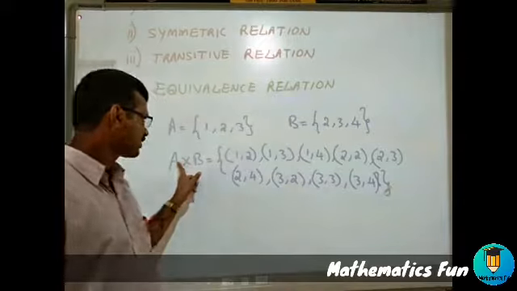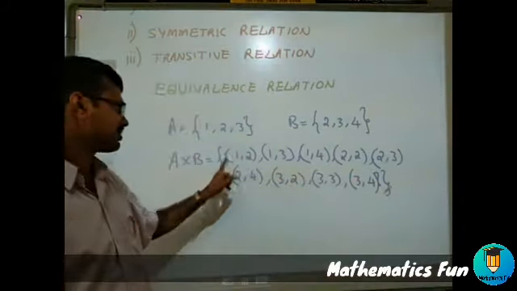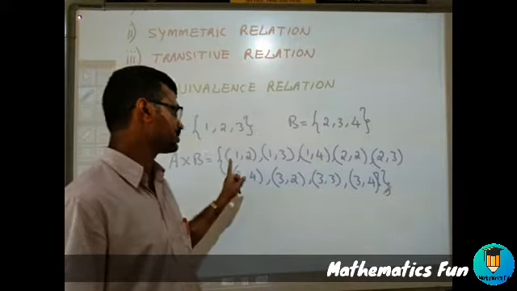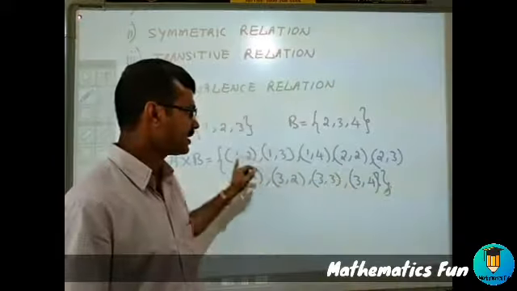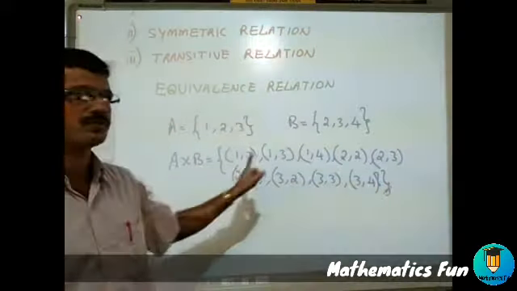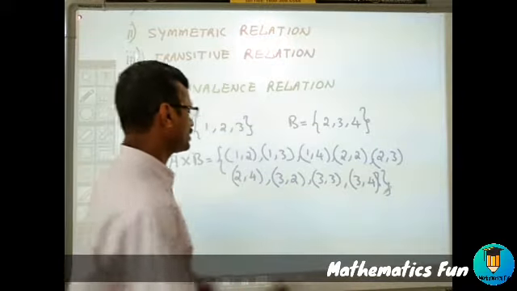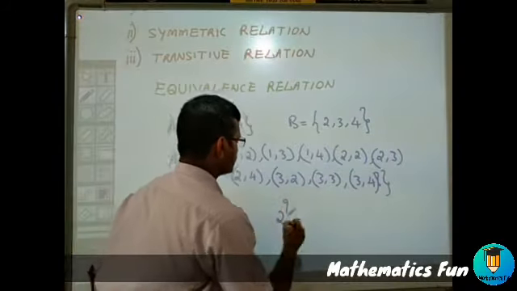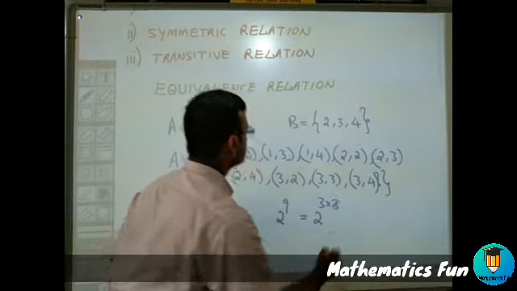The same way if you come to A cross B, the number of subsets for this A cross B is 2 to the power 9. Since there are 9 elements, the number of subsets will be 2 to the power 9. In other way we can say that 2 to the power 9 can be written as 2 to the power 3 into 3.